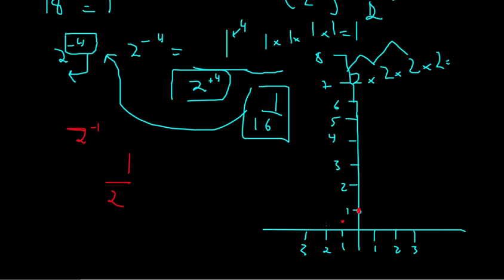And what's 2 to the negative 2? That's basically 1 over 4, because 1 over 2 to the 2 equals 1 over 4. And that's what we got, a quarter of a square is right there.